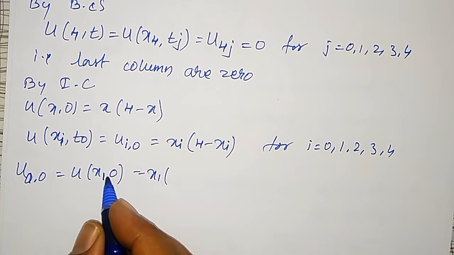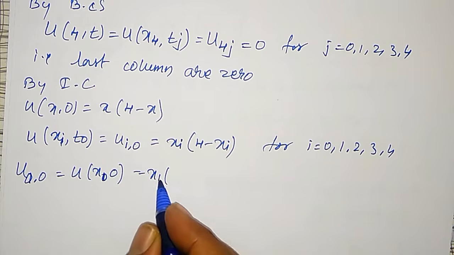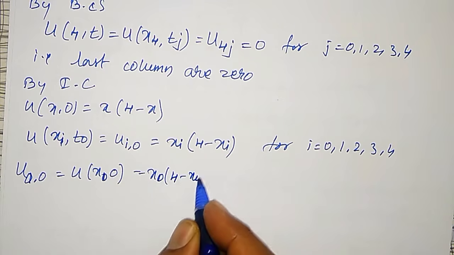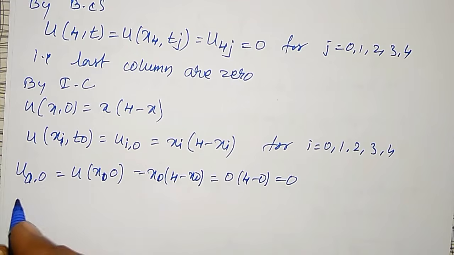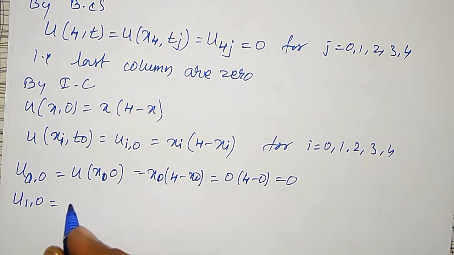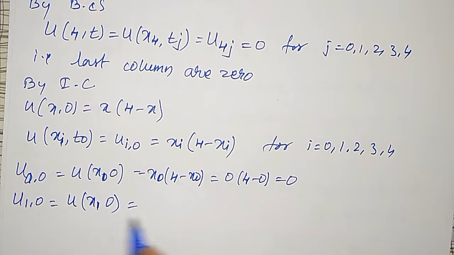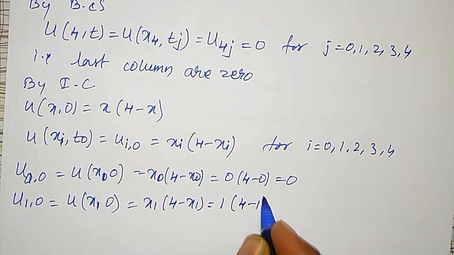For clarity, let me find x naught first. x naught into 4 minus x naught, but x naught value is 0. 0 into 4 minus 0 equal to 0. Like that, u of 1 comma 0, that is u of x1 comma 0, x1 into 4 minus x1, but my x1 value is 1 into 4 minus 1, which is equal to 3 I am going to get.